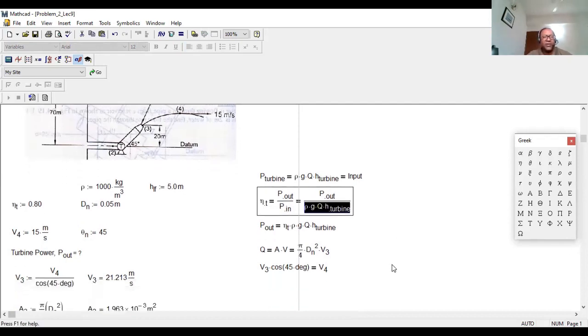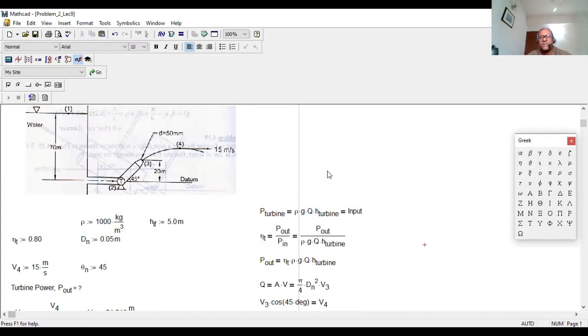Now, what is the challenge over here? If I draw the nozzle, with fluid coming out going in this direction, right over here the horizontal velocity is 15 meter per second. So what will be the velocity right over here? I will figure it out. You see, right over here the angle is 45.